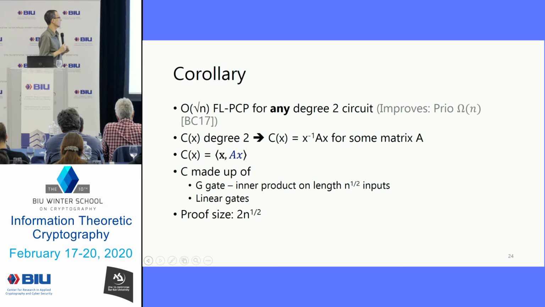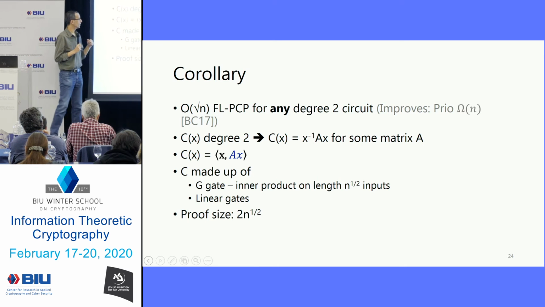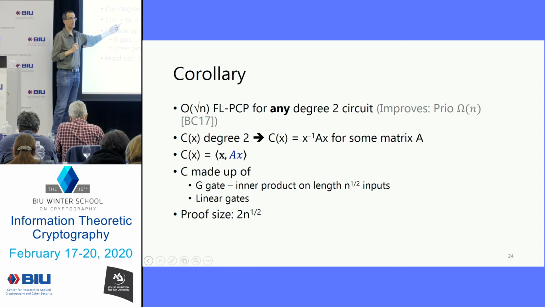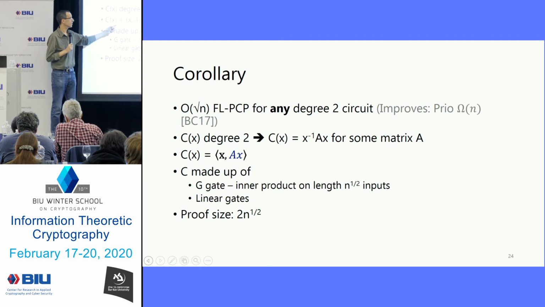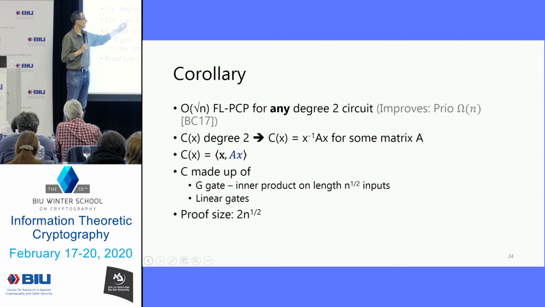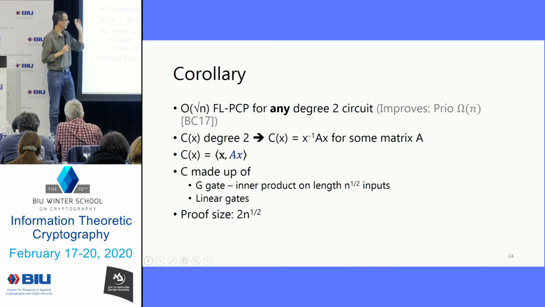How is that? We can view the circuit as an inner product. If it's a degree 2 circuit, an inner product of x and some large matrix A times x.